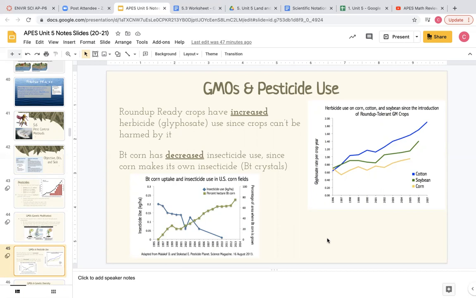But the genetically modified corn for insects has decreased insecticide use. So I don't know if I'm making good sense right now, but the corn plant is good, but we have increased herbicide use, but we've decreased insecticide use because of the genetic modifications.